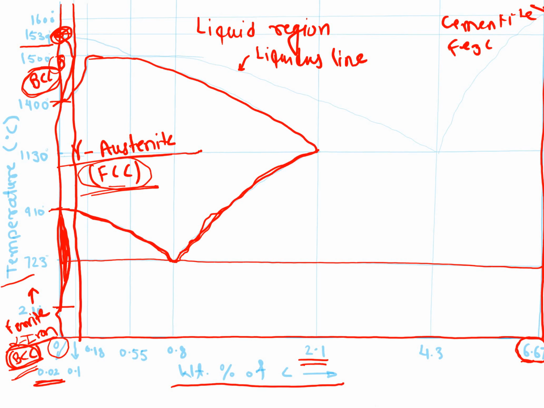Delta ferrite and alpha ferrite have the same properties, but delta ferrite is stable only at a high temperature range, you can see 1500 to 1400 degrees Celsius. That means it doesn't have any technological importance, so we will not discuss delta ferrite further.